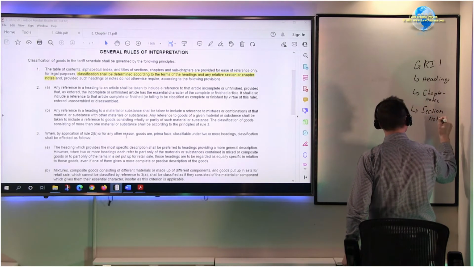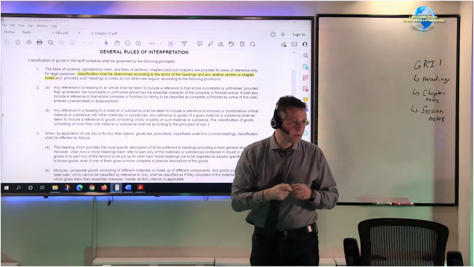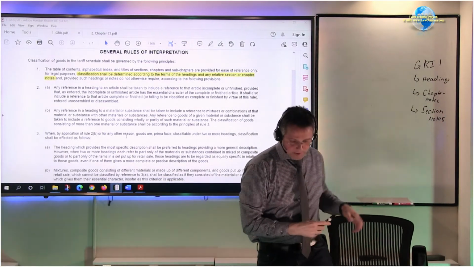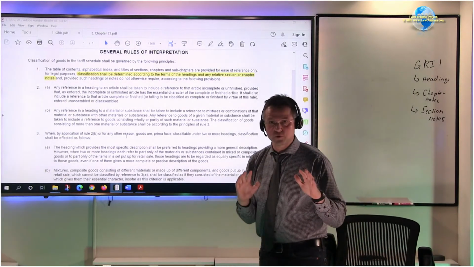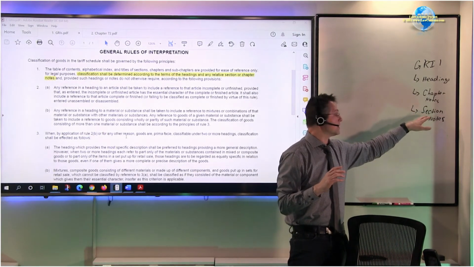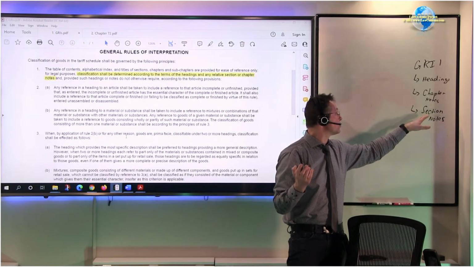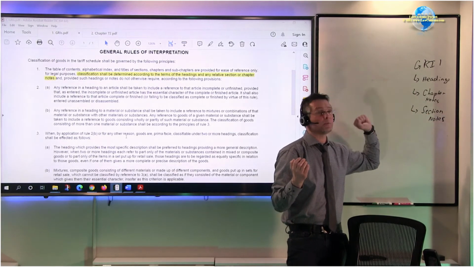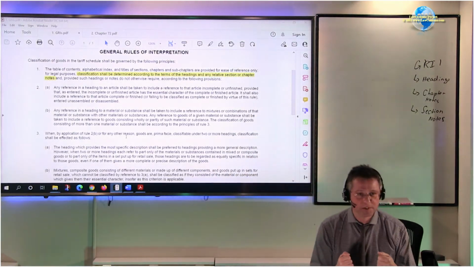Of course, section notes and chapter notes can be an amorphous concept, because sometimes classification happens in the same section. In this particular scenario, if it's in the same section, those section notes are not relevant, because you are dealing with classification in the same section.